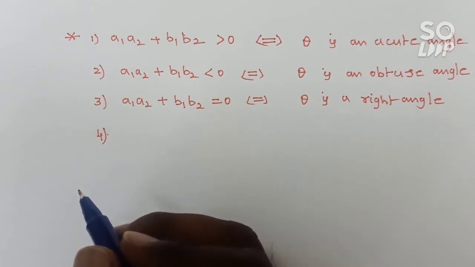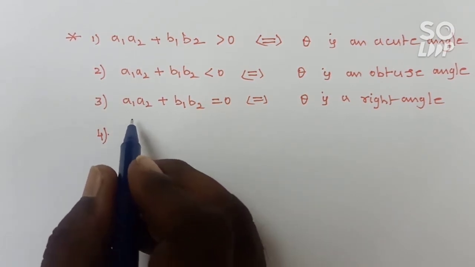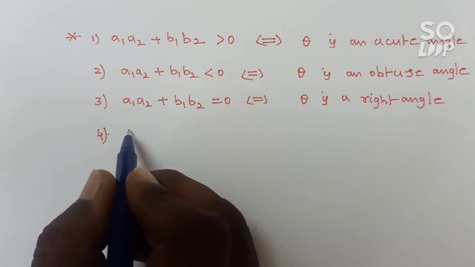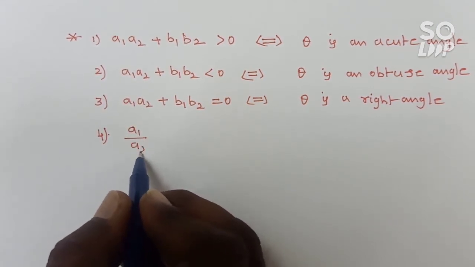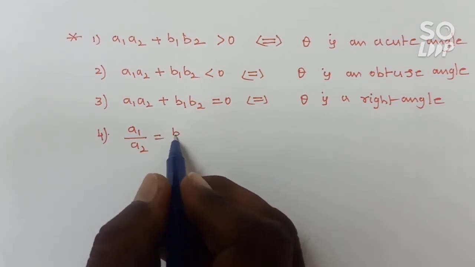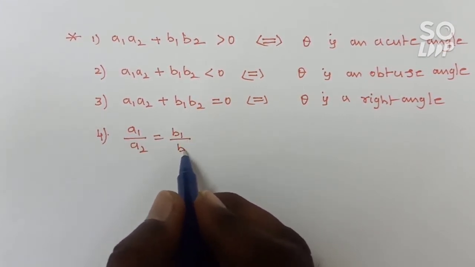Those lines are parallel. Parallel means slopes are equal. So the condition will be a1 by a2 is equal to b1 by b2.